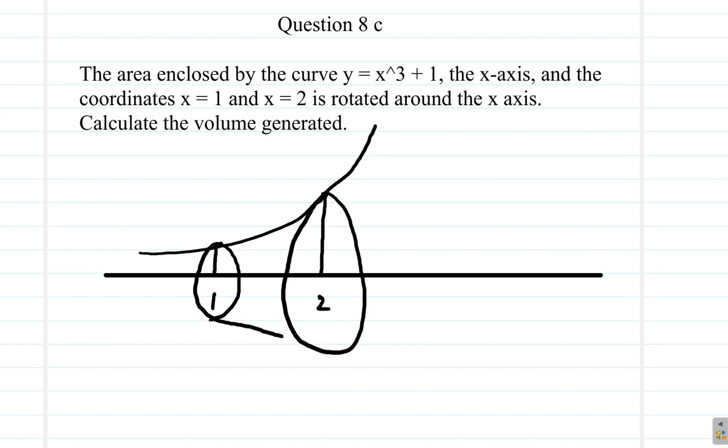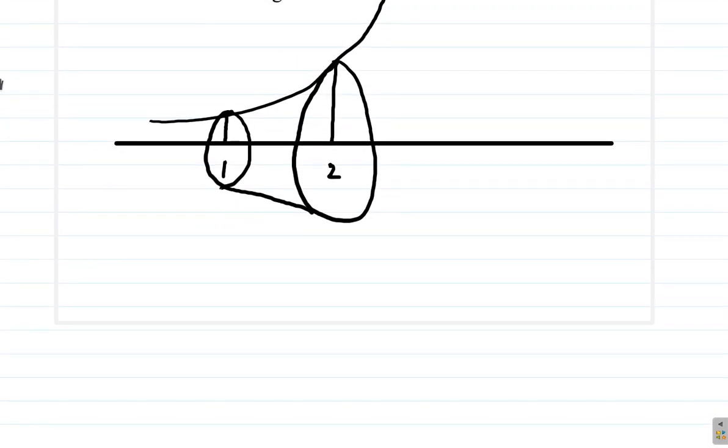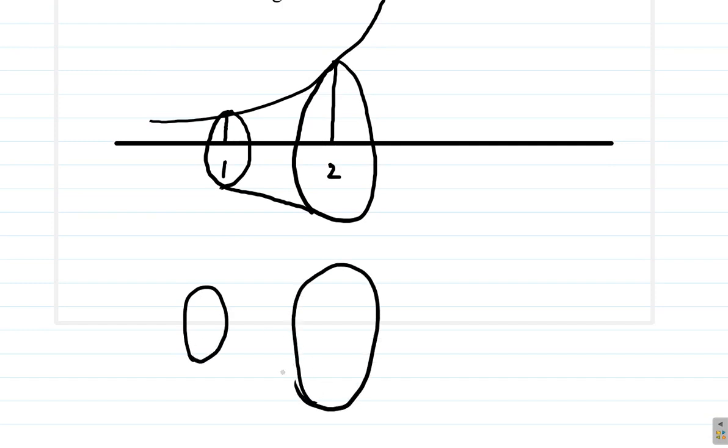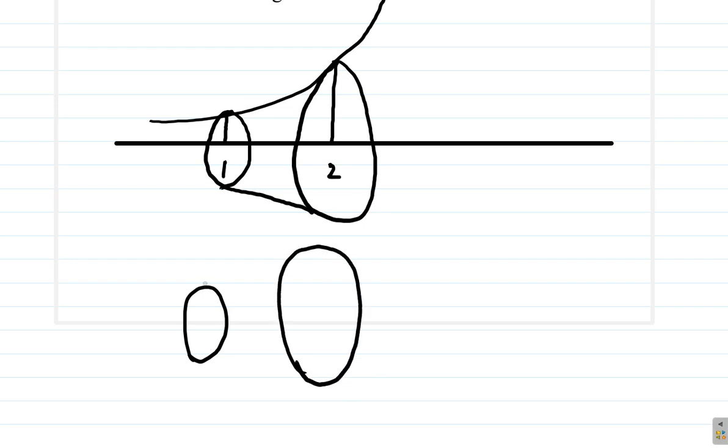You're going to have some shape like this. So if I redraw it under here, you have this and you have this, and you have this. All right. And you want to find the volume. What is the volume of this?